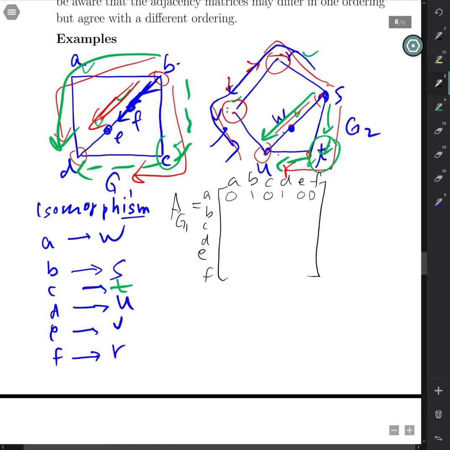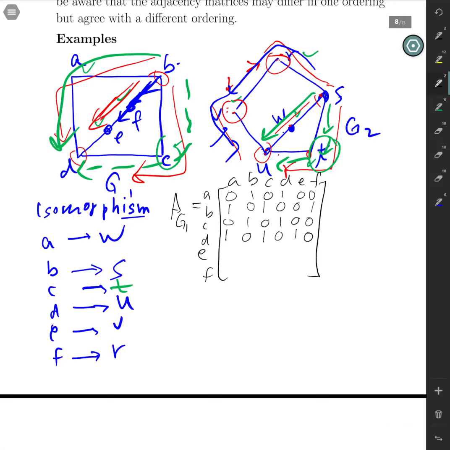B is adjacent to A, C, and F. Right? A, C, F. C is adjacent to B and D. D is adjacent to A, C, E. That's D, right?